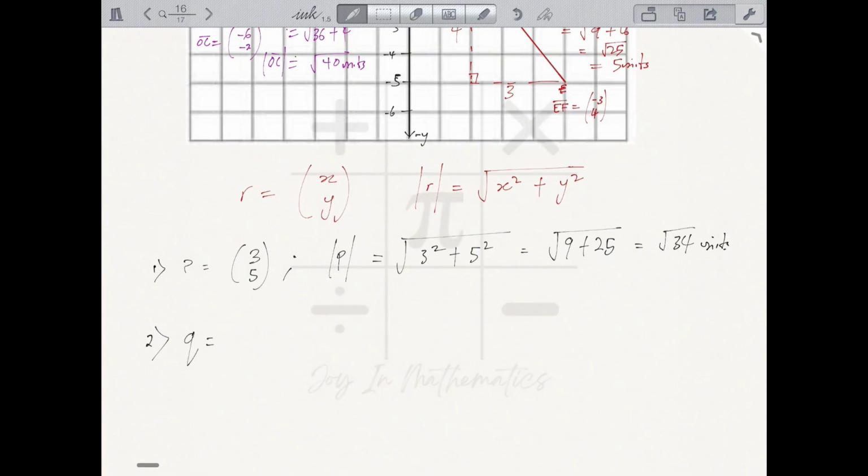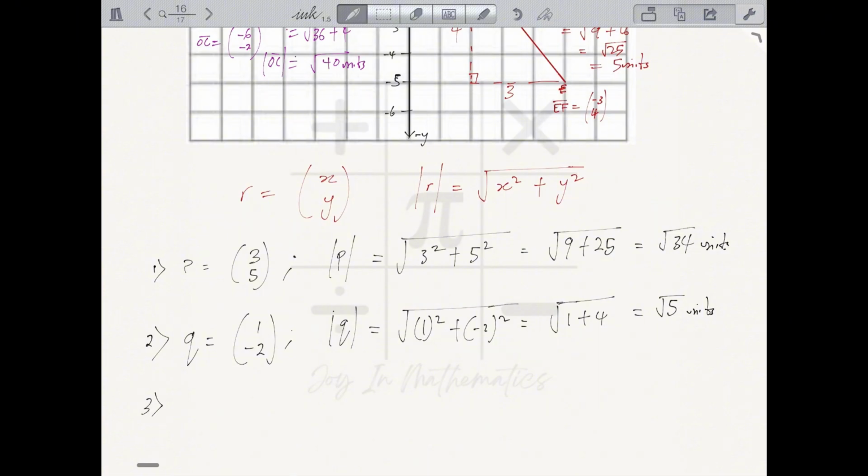Likewise, if we have q equals (1, -2), the modulus of q will be equal to the square root of 1 squared plus (-2) squared, which is the square root of 1 plus 4, which will give us root 5 units.